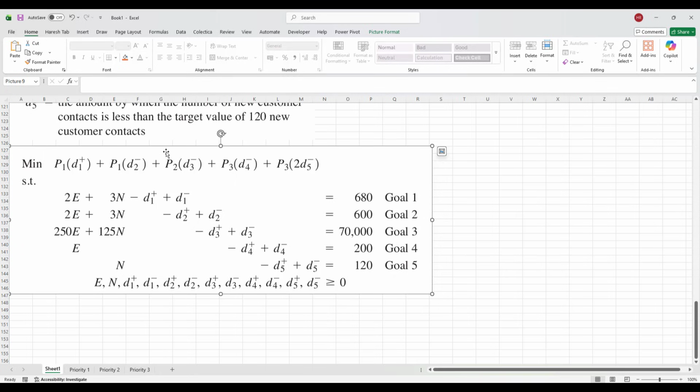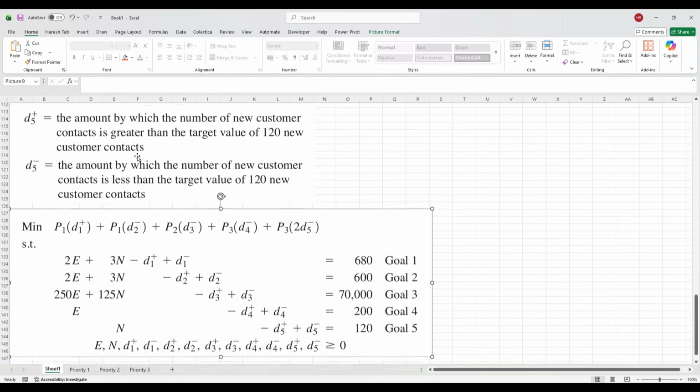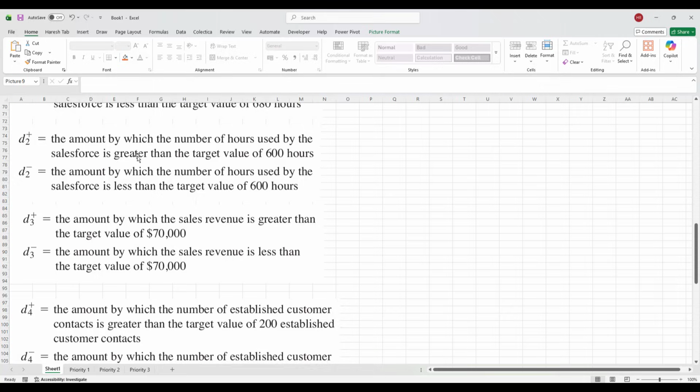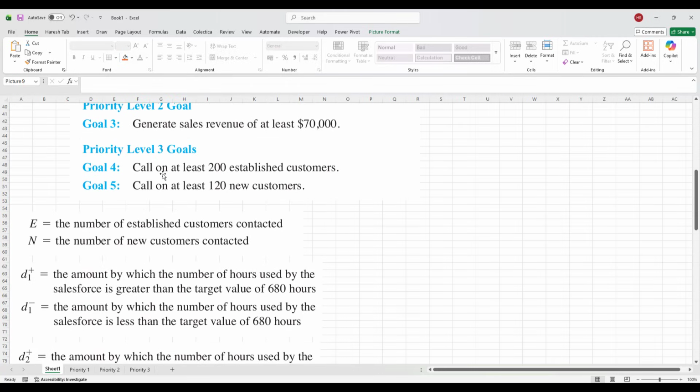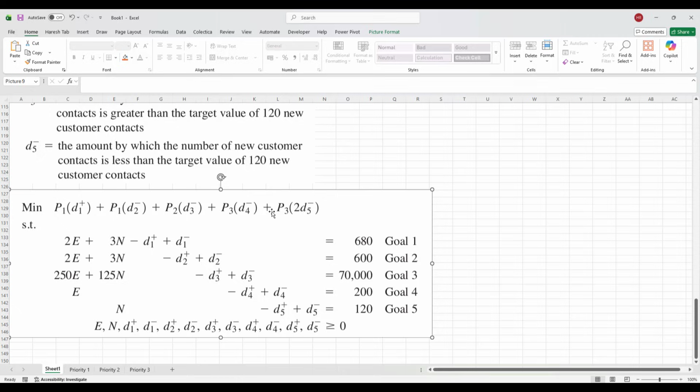Because it is mentioned that in priority 3, the fifth goal is twice as important as the fourth goal. The fourth goal is to call at least 200 established customers, and the fifth goal is to call at least 120 new customers. So the fifth is twice as important as the fourth. That is why in this equation we have taken 2 times D5 minus.